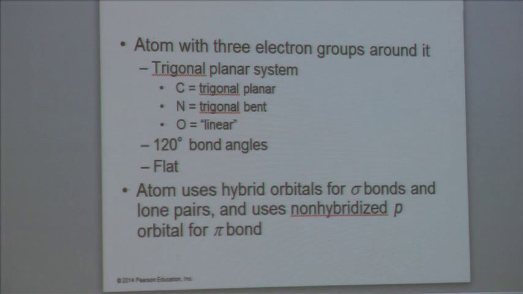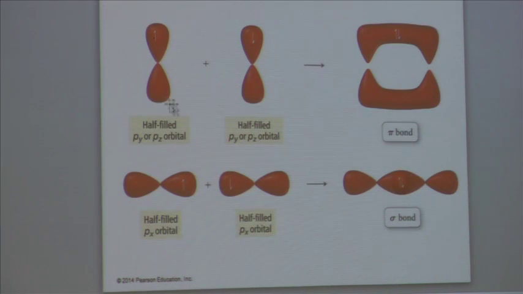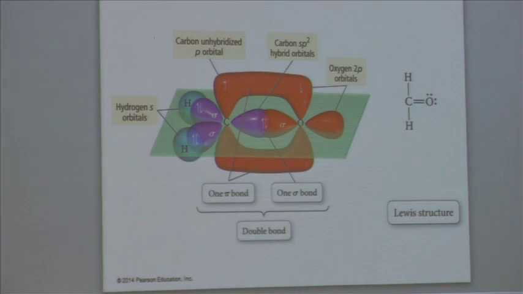To hybridize an sp2, we get an s and 2 p's, and we have a 120 degree bond angle, and so we have 2 p's, right? Then sp2 forms a sigma bond, and the leftover p forms a pi bond.